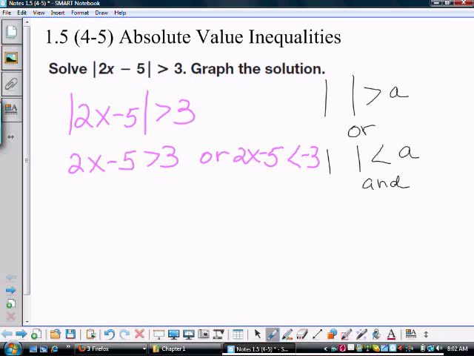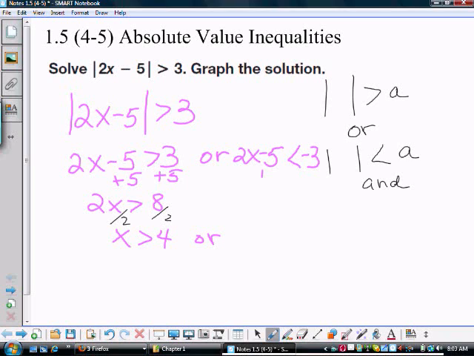All right, so now I'll go through and solve this compound inequality. I'll add 5. 2x is greater than 8. Divide by 2. X is greater than 4.